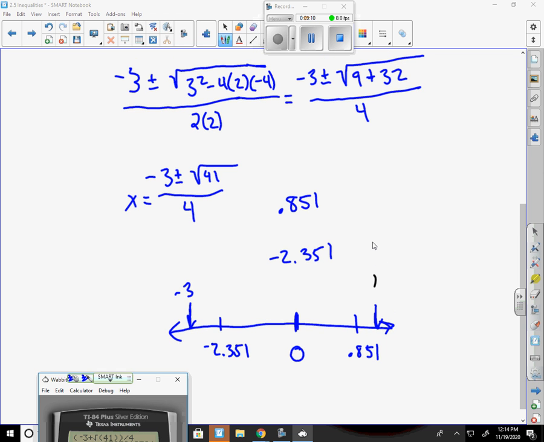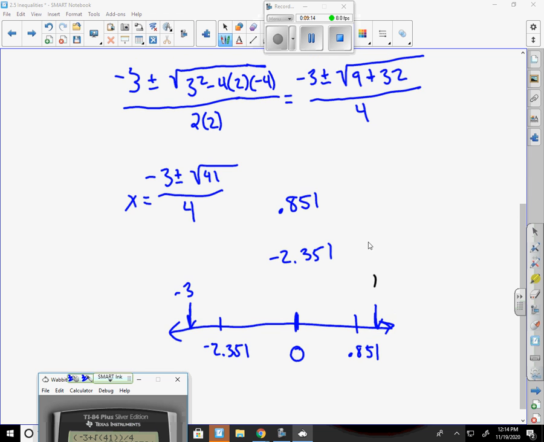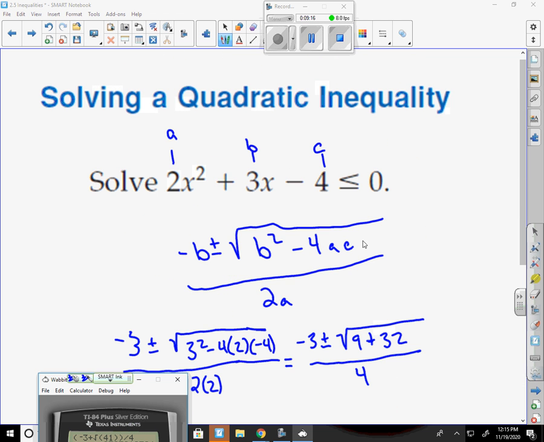Additionally, there's another way that you can tell if it's less than 0 or greater than 0. And it's to look back at the original equation. If a is positive, which it is in this case, it means that our quadratic is facing up.